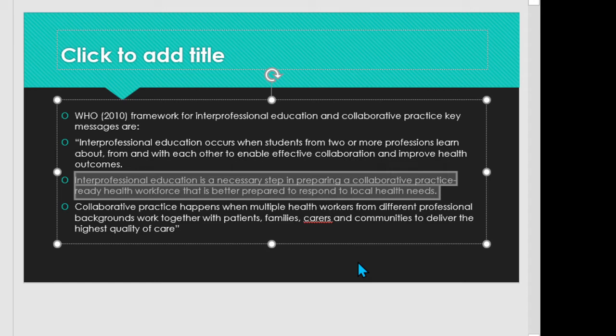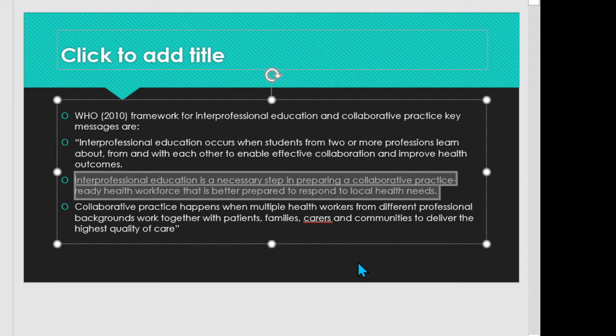Collaborative practice happens when multiple health workers from different professional backgrounds work together with patients, families, carers, and communities to deliver the highest quality of care. So this is the main target. It means collaborative practice is applied because we need the highest quality of care to be obtained by the patients.